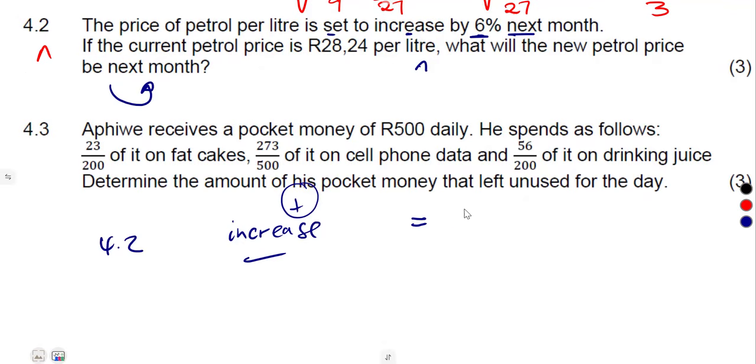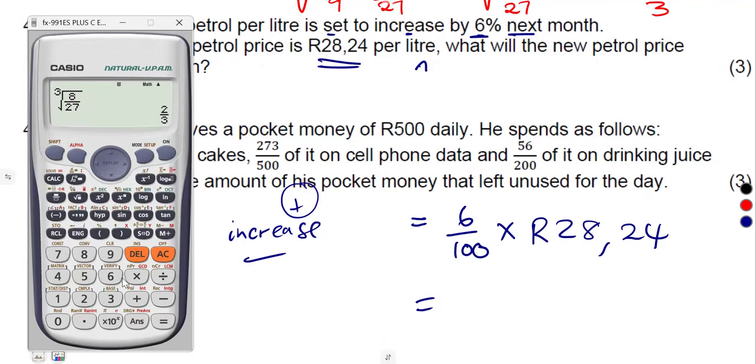So the increase is 6 over 100 times the original price, which is 28.24. So you're going to multiply 6 over 100 times 28.24 like this. That is going to give us 1.6944.